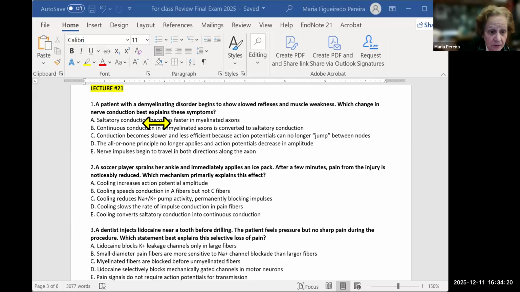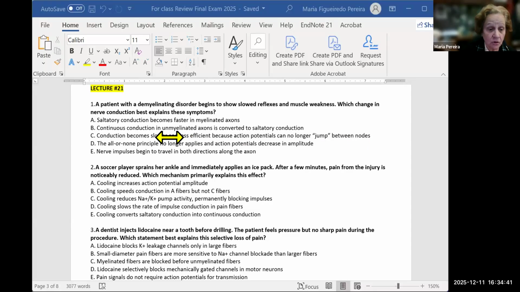Saltatory conduction becomes faster? No, because the myelination is not working. Continuous conduction in unmyelinated axons? Nothing to do with myelin. Conduction becomes slower and less efficient because the action potential can no longer jump between nodes.